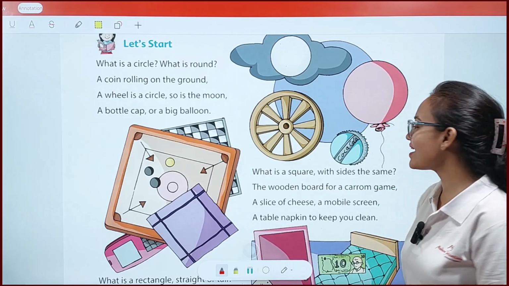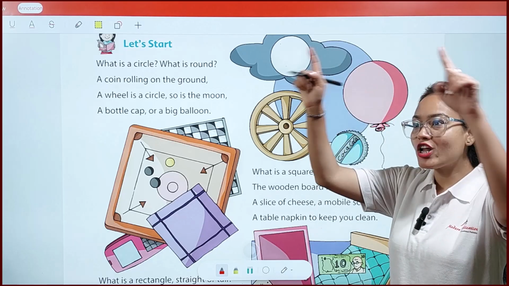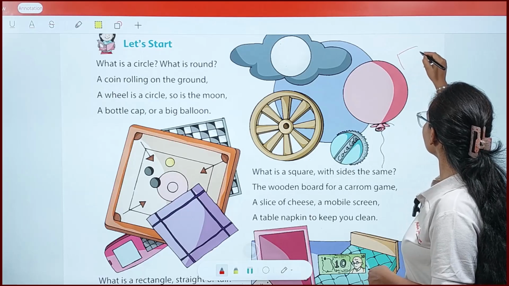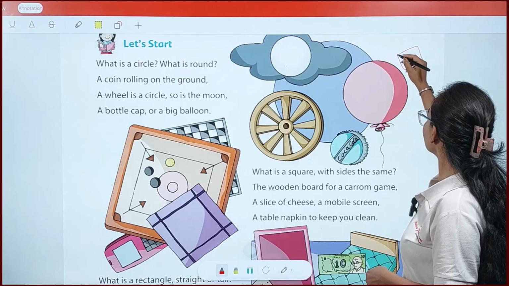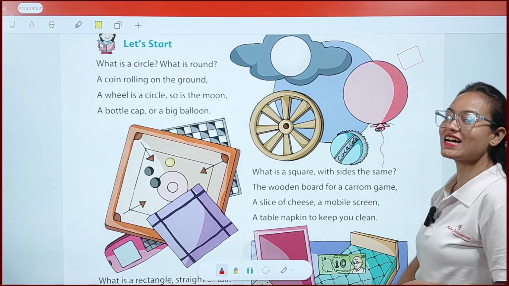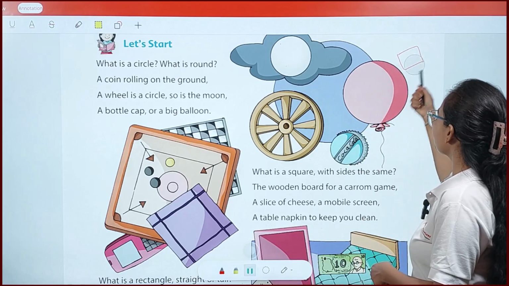What is the meaning of a square? Square means all four sides are the same. See? This is a square because all the four sides are equal. That's why this is the shape of a square.